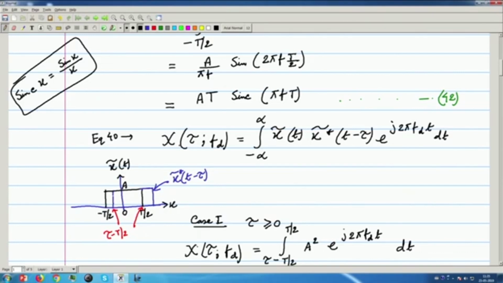After that the product will be 0. So, I should also say that tau is greater than 0, and this is true for tau less than or equal to T. Within this limit this expression holds.